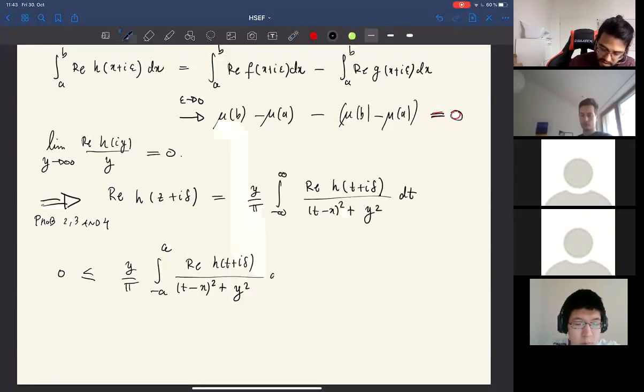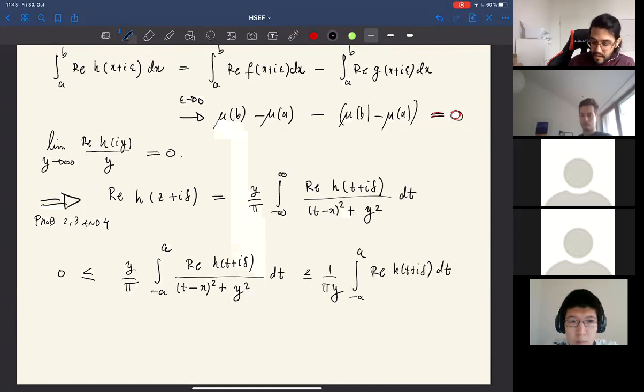So let's go back. We have this integral. It's positive because h is positive. And then I do that naive bound that I just said. Okay, I just throw this away. But then, what do I know?